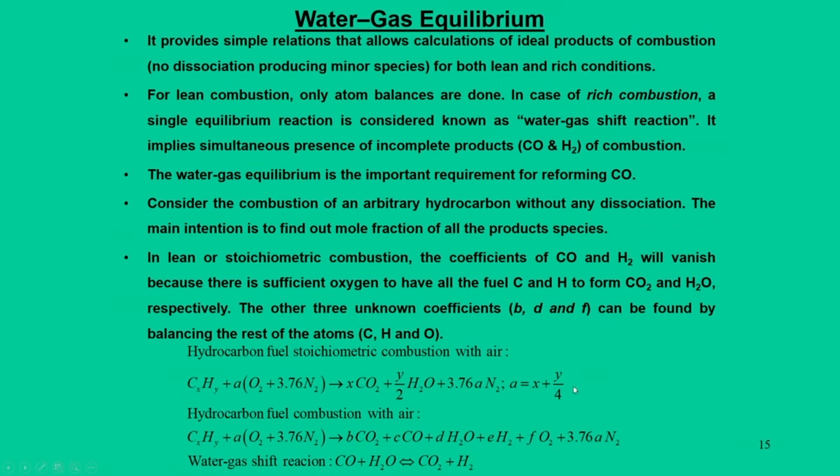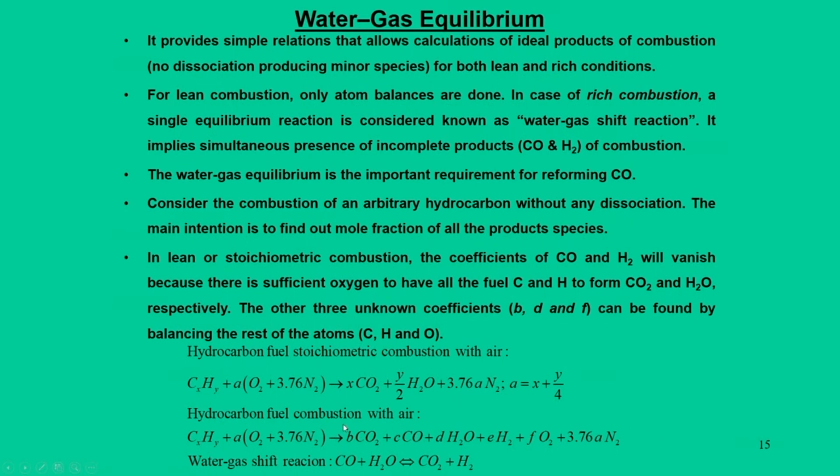So, this is a balanced general reaction for a hydrocarbon fuel. Now, we mentioned that not necessarily always will CO2 and H2O be present. Any general reaction can have CO2, CO, H2O, H2, O2 or N2. These are the major products that can form at any instant of time.